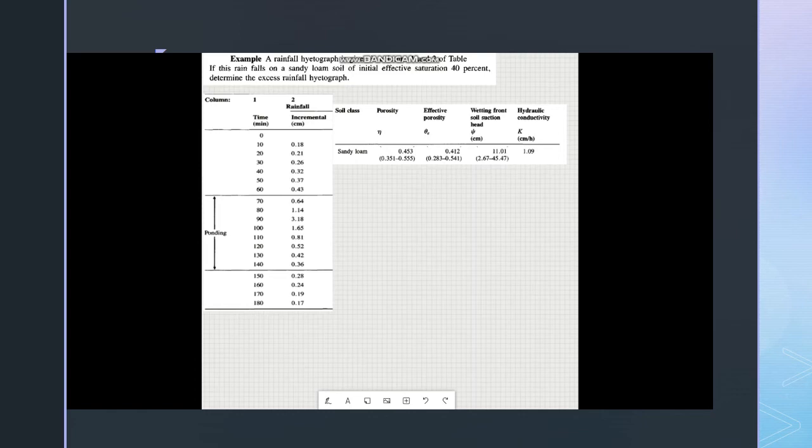In order to find the change of moisture content in the soil, we have a formula: delta theta is equal to (1 minus SE) times theta E. So it is equal to 1 minus the effective saturation, which is 40%, or 0.4, multiplied by theta E, the effective porosity, which is 0.412.